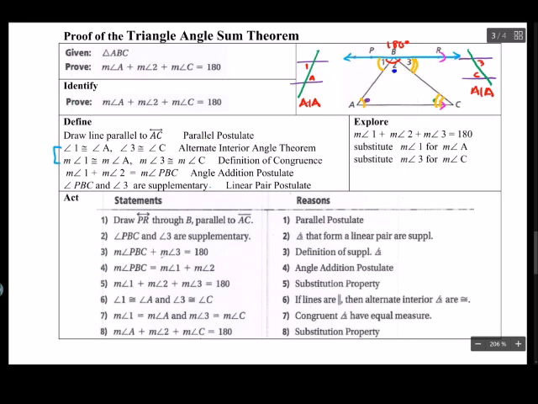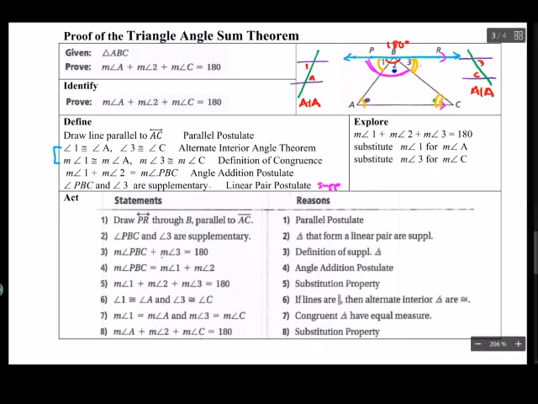Now, angle 1 and 2, I'm going to put together here as one big angle so that I can have a linear pair with angle 3, right? Because we need two angles for a linear pair. And then the linear pair postulate lets us say that angles are supplementary.